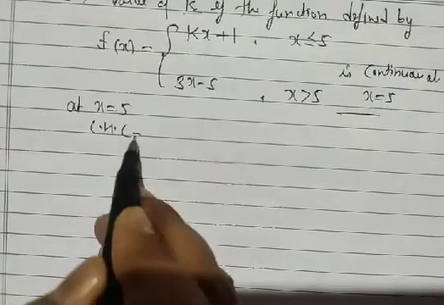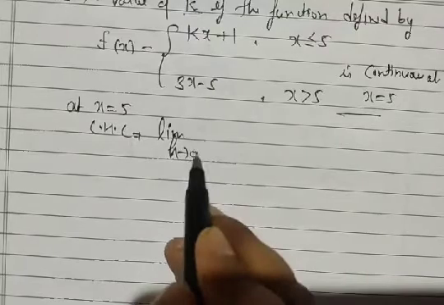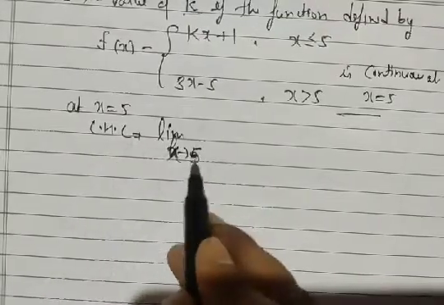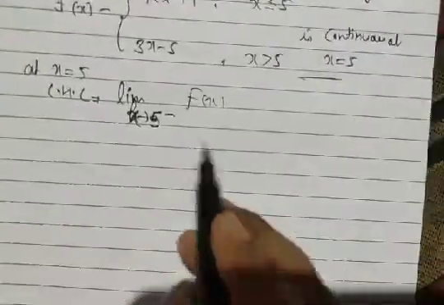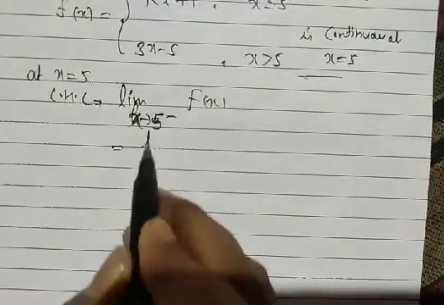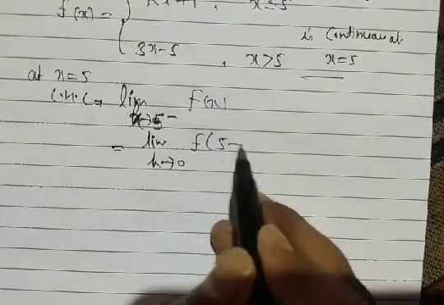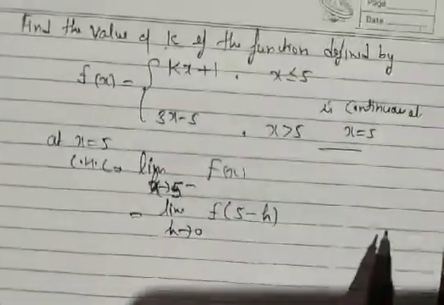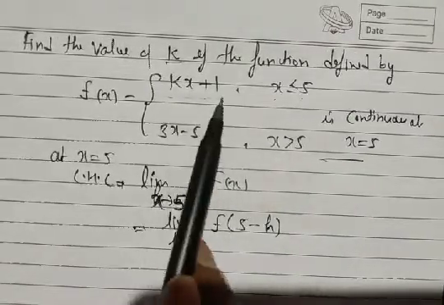We start with our left hand limit. We start with limit x tends to 5 minus f(x), and we can directly start with limit h tends to 0, but always start with limit h tends to 0 f(5 minus h). Now our point is less than 5, so we use the function defined when x is less than 5, which is kx plus 1.